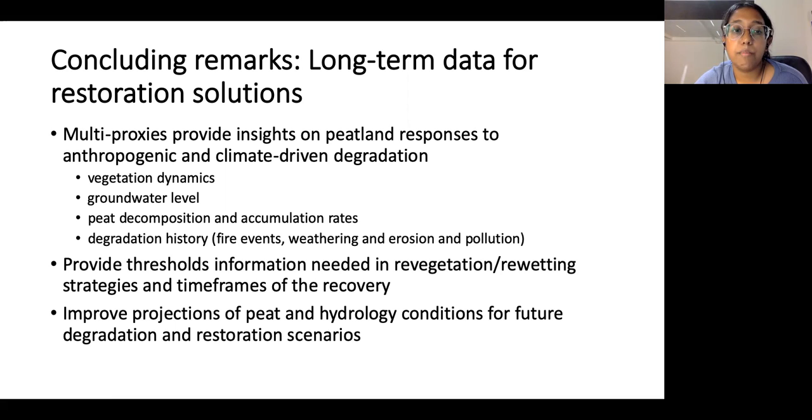So I think it's really important that when all these data sets come together, we can actually provide information on thresholds, information on lags that is really needed for revegetation and rewetting strategies, and also the time frames of the recovery that is to be expected. And then, of course, inputting all this long-term data into projection models would be really useful for us to determine what kind of restoration we want to take place in the future as well.